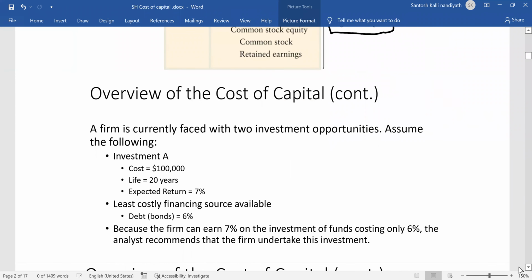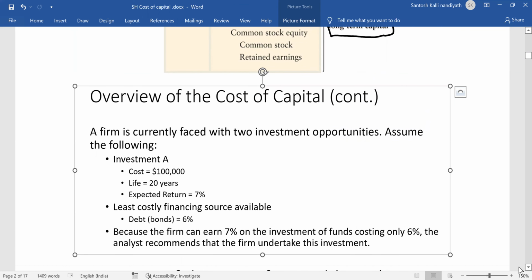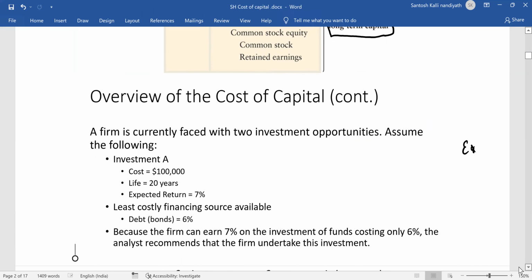Here is an example given. Generally we have discussed already, the earning should be more than the cost. Suppose a firm currently faces two investment opportunities. Assume the following: investment A. The cost is 100,000 and life 20 years, means total you need to spend up to 20 years.